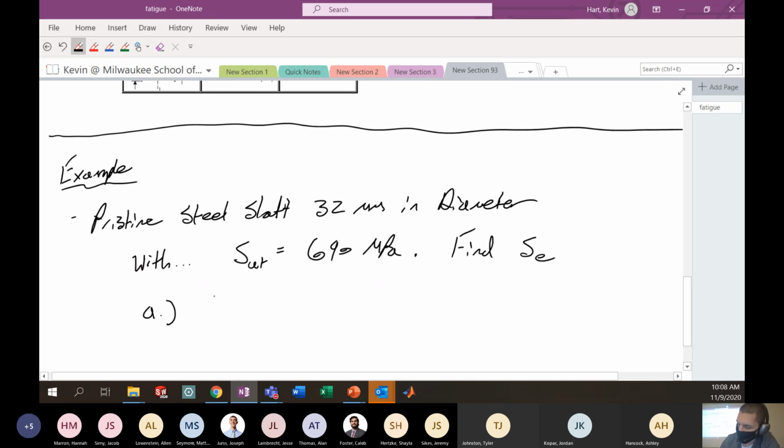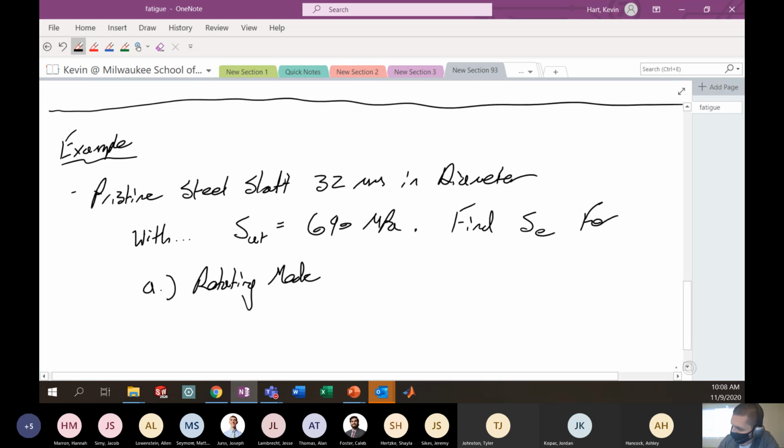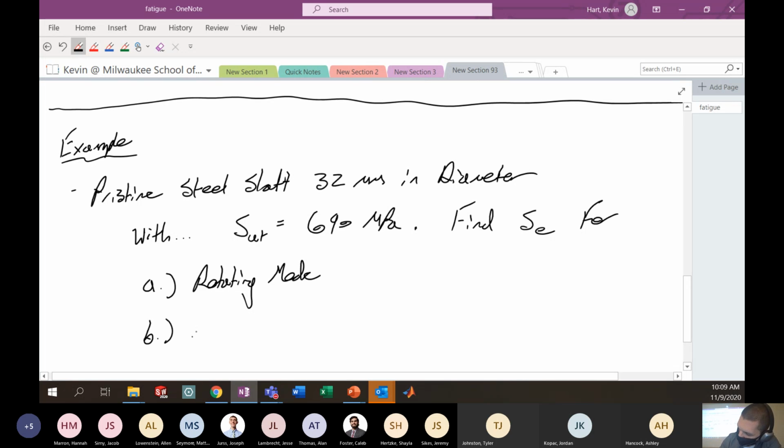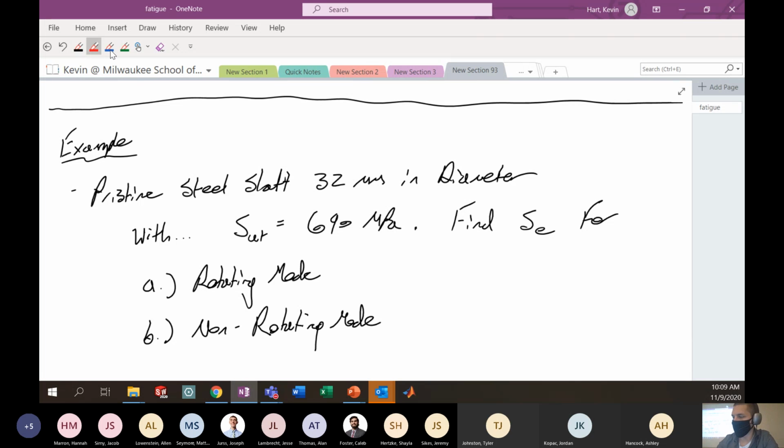We're asked to find the modified endurance limit in two situations. A, if loaded in rotating mode, and B, the non-rotating mode. Okay, so remember what each one of these looks like. I just want to draw a quick sketch here to remind ourselves.